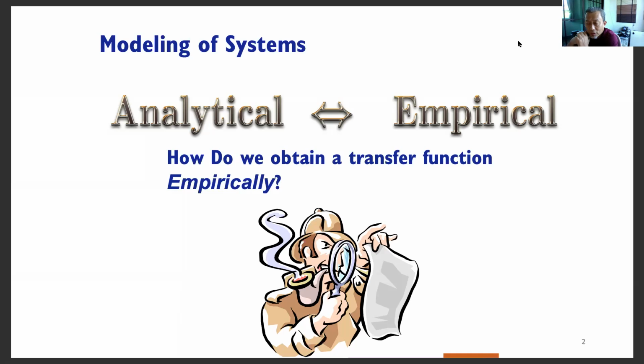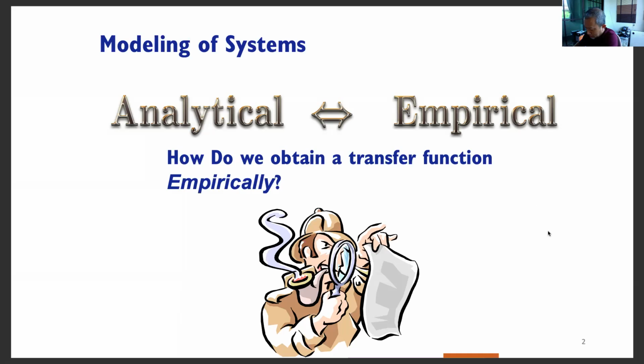Usually we will go for the analytical method, where we can see the gap that makes the system unstable. That's why we can design a controller to make the system go from unstable to stable. But for a stable system where we want to know the mathematical model, the system is stable but very complicated, with a lot of higher order dynamics. That's why we apply empirical modeling in order to obtain an approximate model that represents the system.